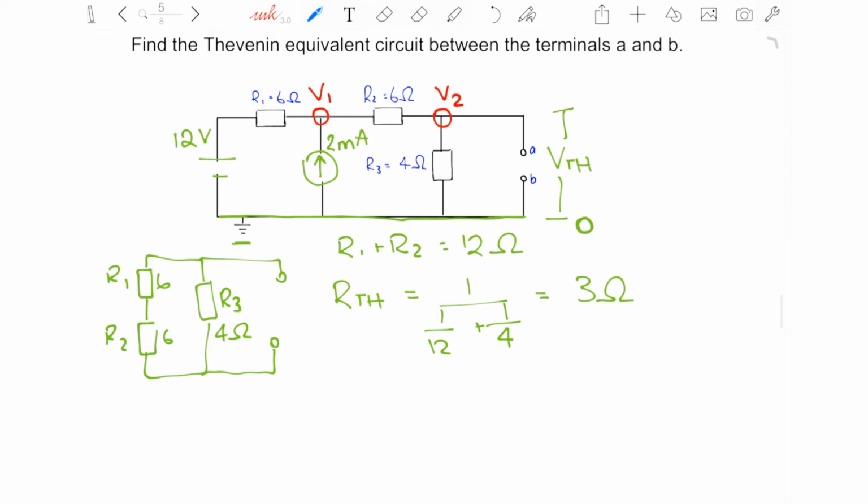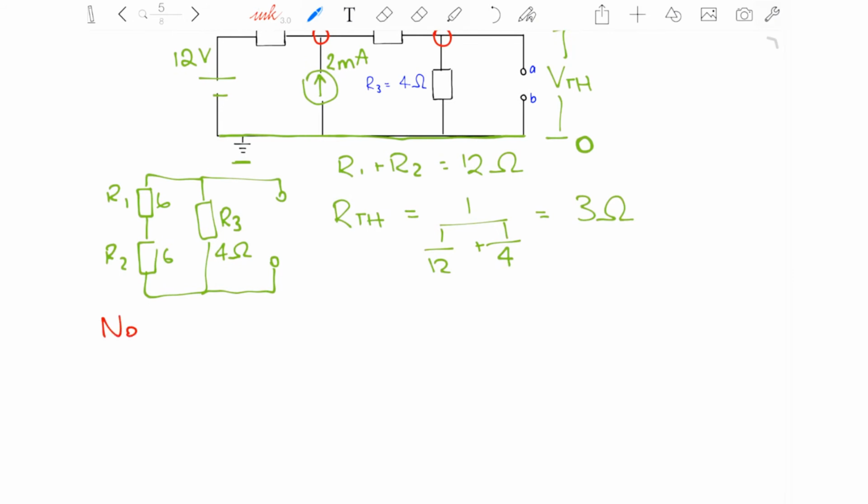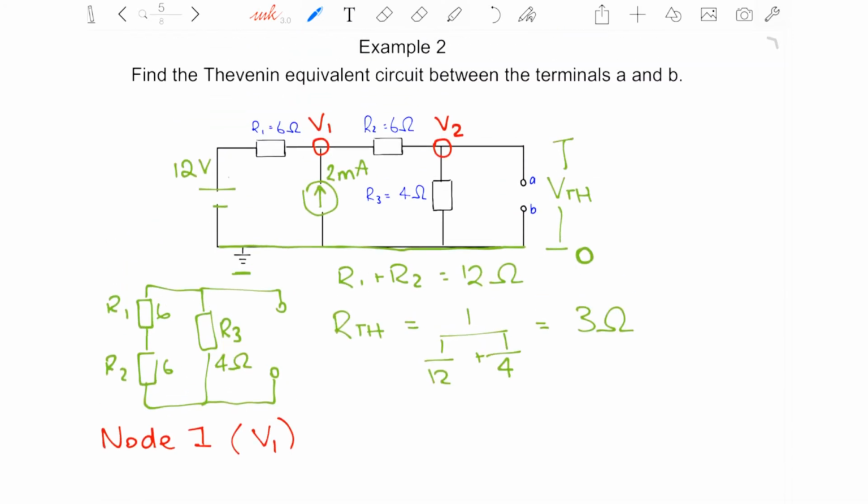So we'll look at node 1 first. So node 1, which is V1 in this case. Because this is positive and negative, you'll have the current I1 going in this direction. The current here is going up, so therefore this current going through the R2 resistor is going out and will be called I2, and this current will be called I3.